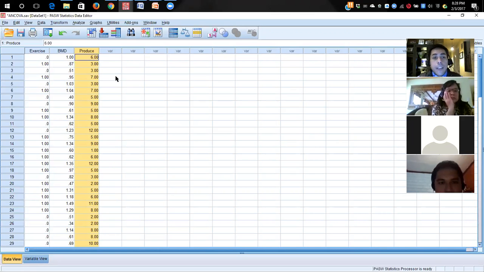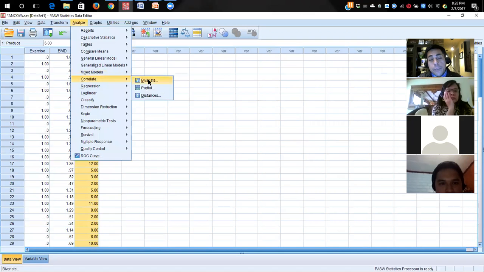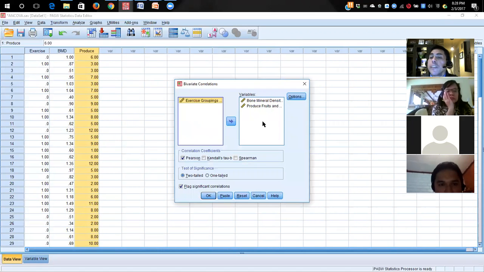Analyze. We have to do a bivariate correlation. Our assumption is that there is a linear relationship of the covariate with the dependent variable. So our covariate here is the produce, and our dependent variable is the bone mineral density.